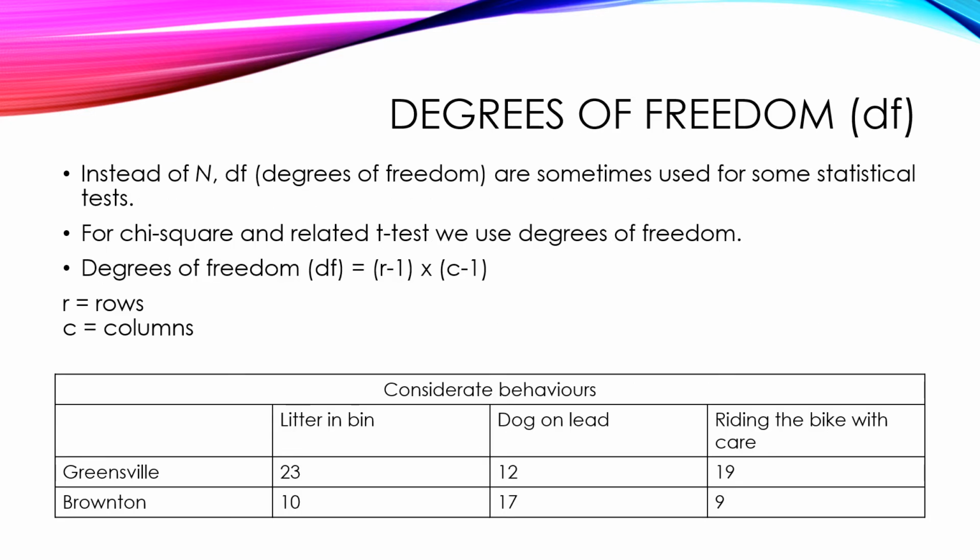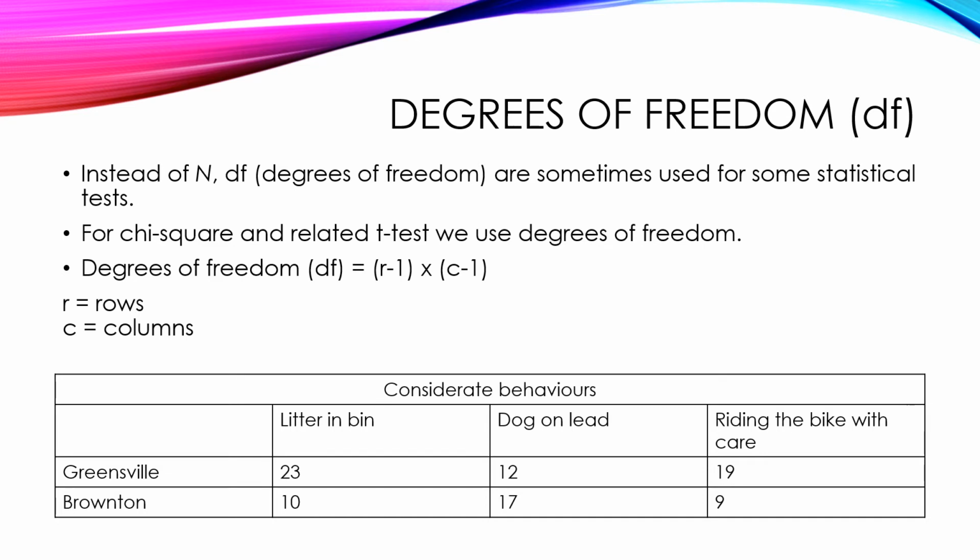Now, for degrees of freedom, this is calculated differently to how n is, which is just the number of participants, and this applies to a chi-square and a related t-test. So degrees of freedom can be worked out by doing r minus 1 times c minus 1, where r is standing for rows and c is standing for columns.